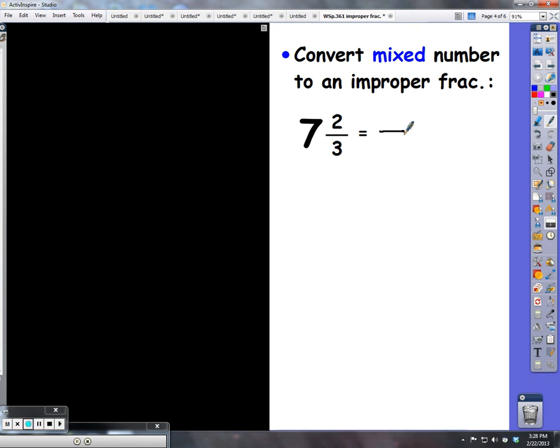The denominator is going to stay the same. So I'm just going to recopy the denominator. Now, this is what I call the backwards C, meaning the direction that you write the letter C. Normally you start at the top and come around to the bottom. Well, the way we're going to be reading the answers, we're going to start at the bottom, come around to the top to get our answer.